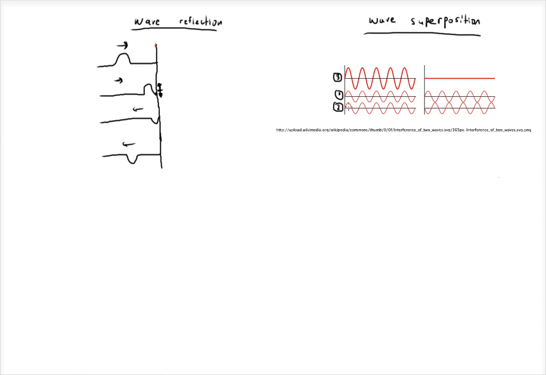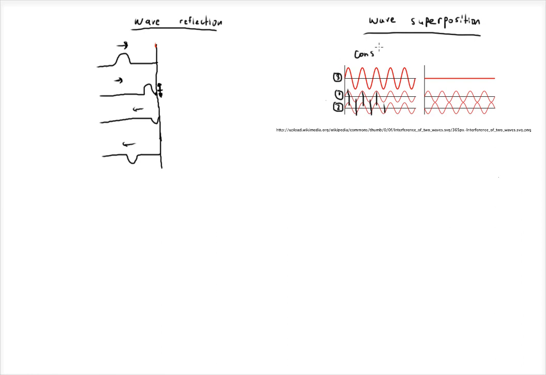So if the displacement from one wave is this much and the displacement from the other wave is this much, it makes a net displacement of this much. And you can see that in this half over here, these two waves, waves 1 and 2, are in phase. And that just means that the peaks are lined up with the peaks and the troughs are lined up with the troughs. And so what that gives you is constructive interference.